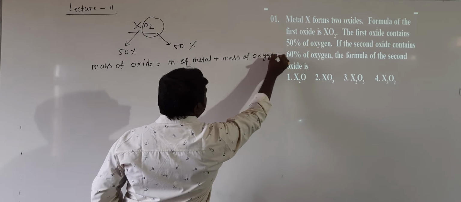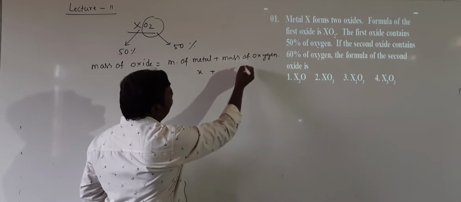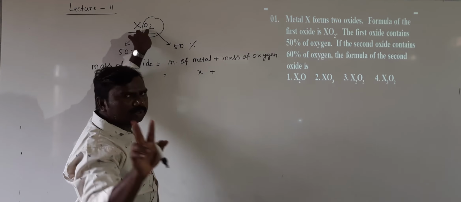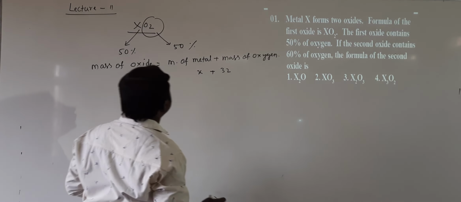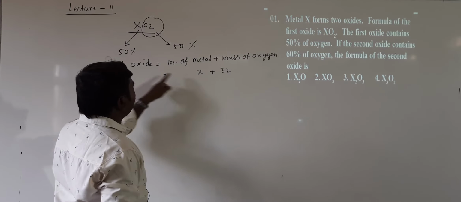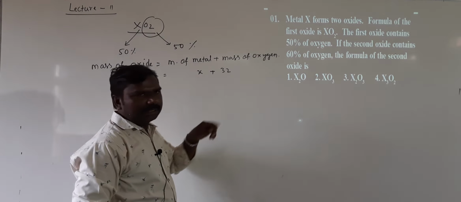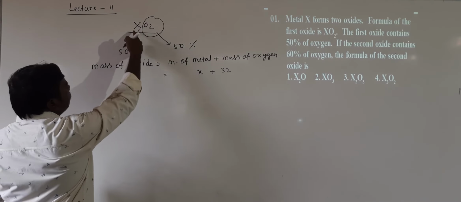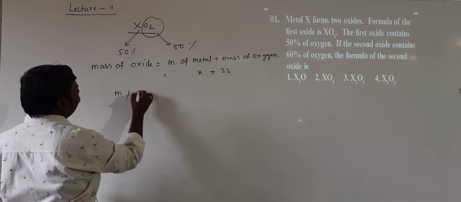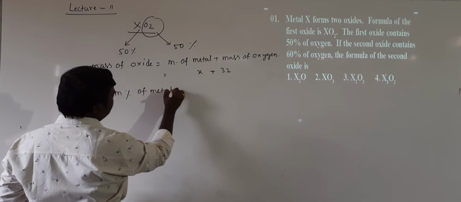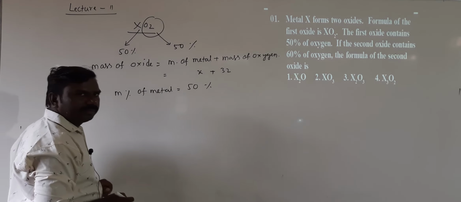Mass of metal, I don't know, it is X. Mass of oxygen: 2 oxygens are there, that's why 2 times 16 is 32. So mass of metal oxide is X plus 32. Mass percentage of metal is 50% as per this data.